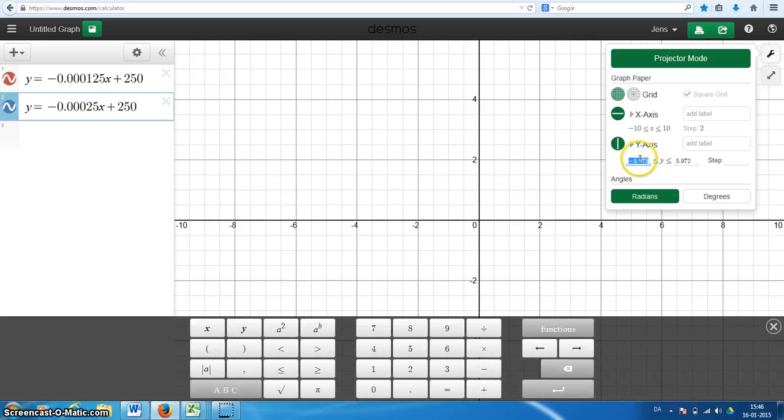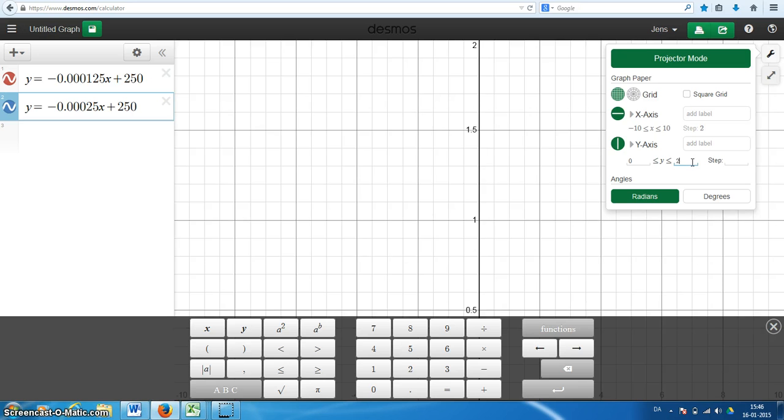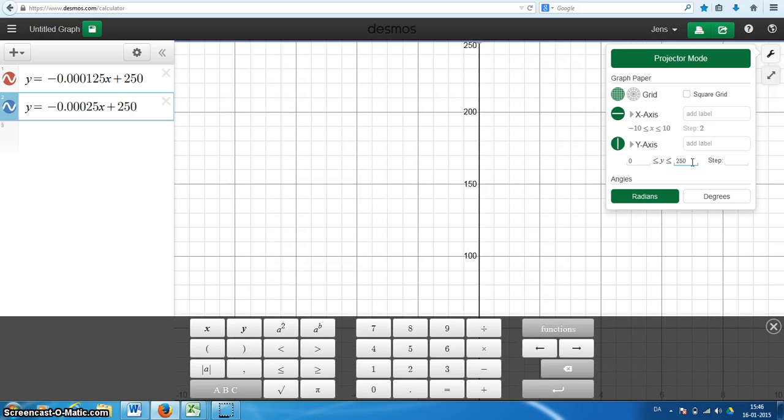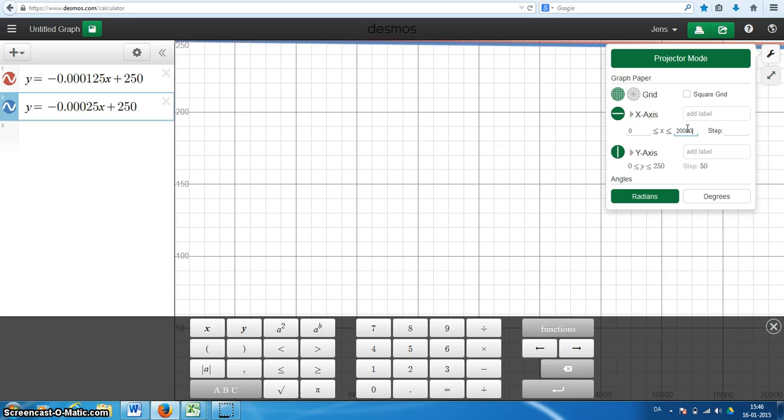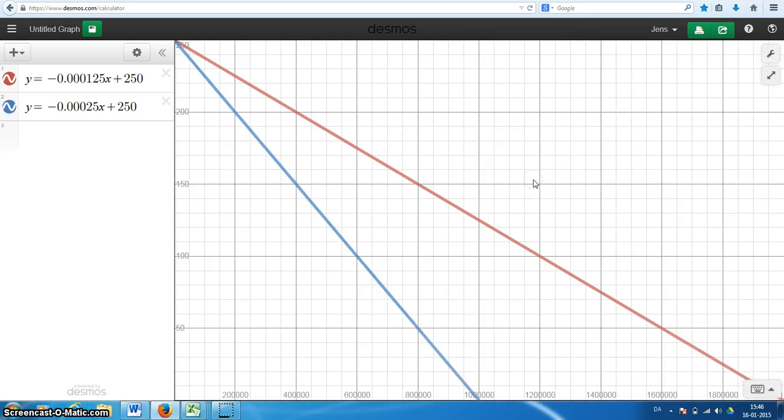The y-axis should start at 0 and end at 250, because that's the constant in our functions. The x-axis should start at 0, and I'm not quite sure where it should end, but I'll just continue increasing the range, and this looks about right.